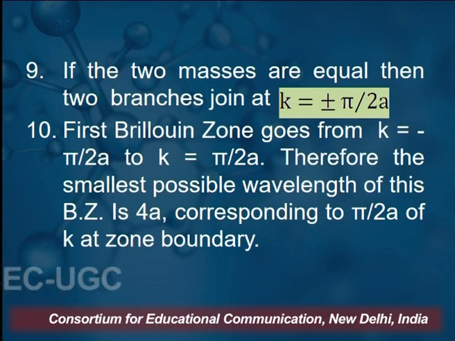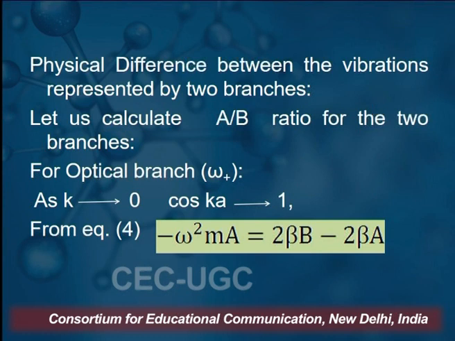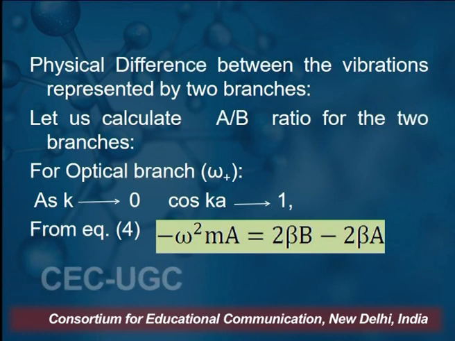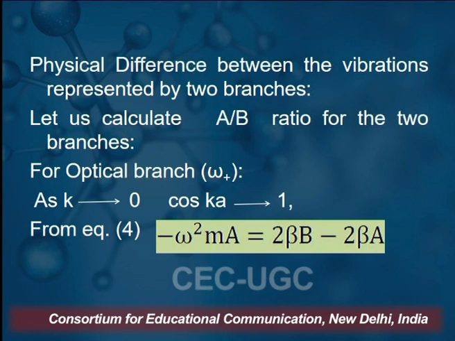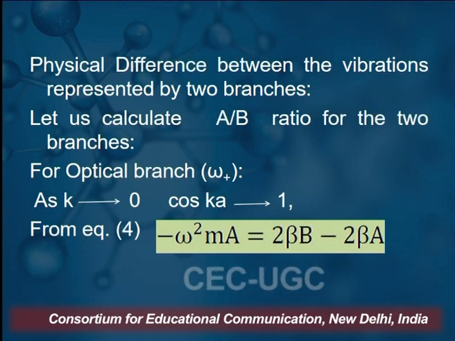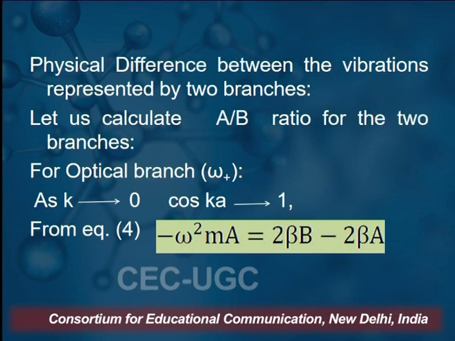What is the physical difference between the vibrations represented by these two branches? To know this, let us calculate the A by B ratio for the two branches. For the optical branch, that is omega plus, as k tends to 0, cos of k will tend to 1.